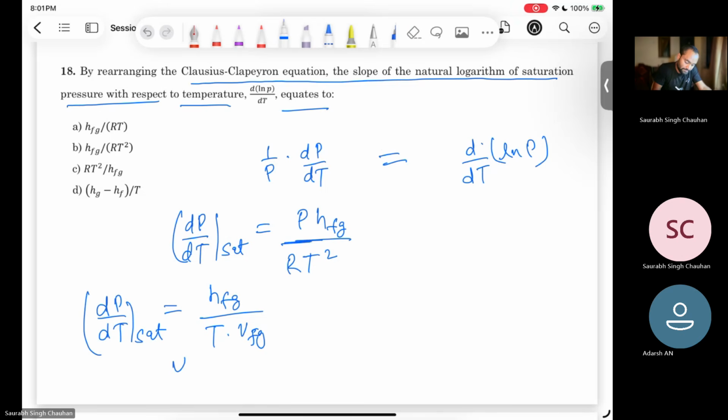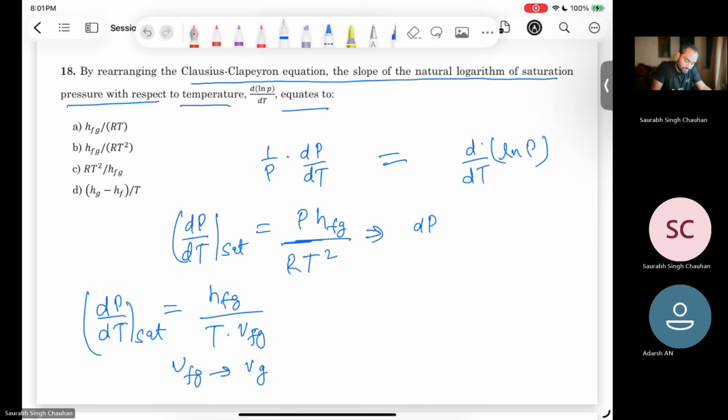We made vfg equal to vg because vg was very high as compared to vf. Then we use the ideal gas equation. Now we can divide both sides by P, so we can bring P on one side and T on another side.